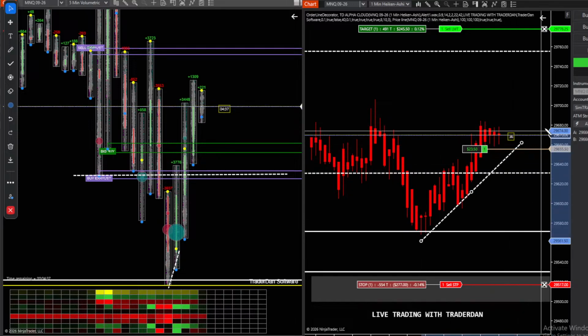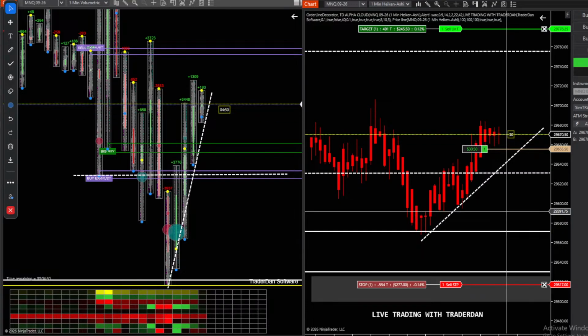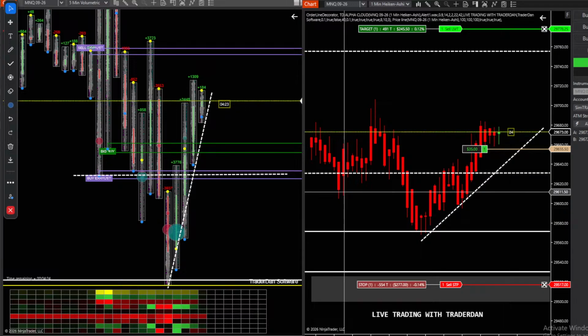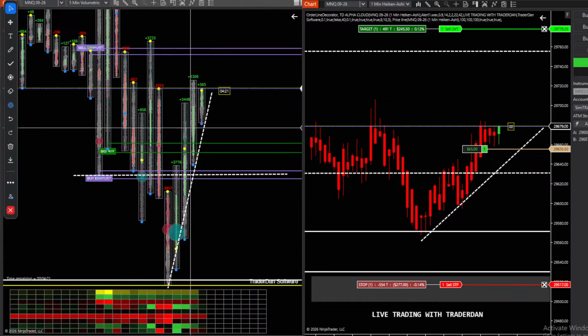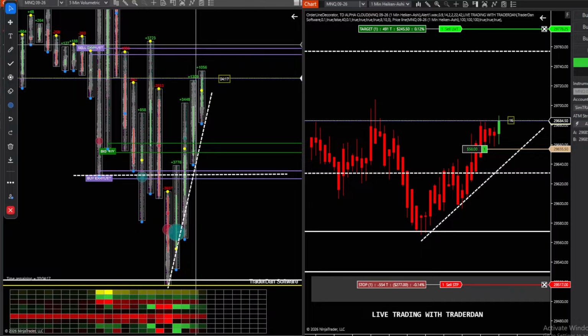On the smaller time frame. These numbers are what inversions look like, right? We get above this 37.23, we get a turkey.